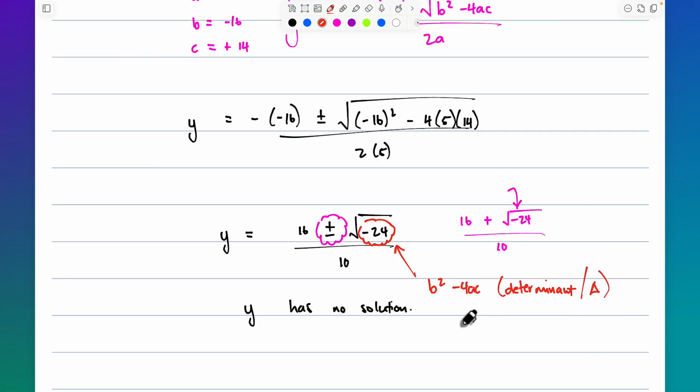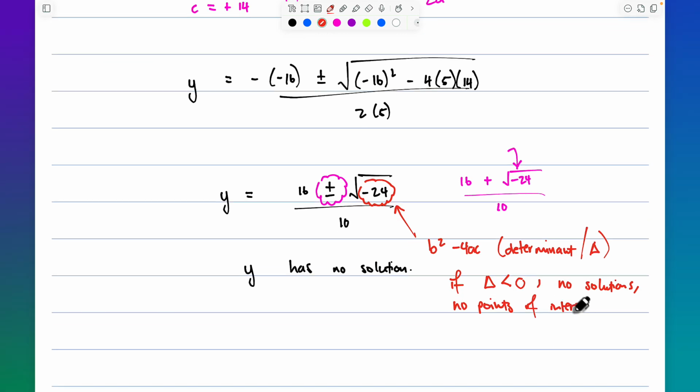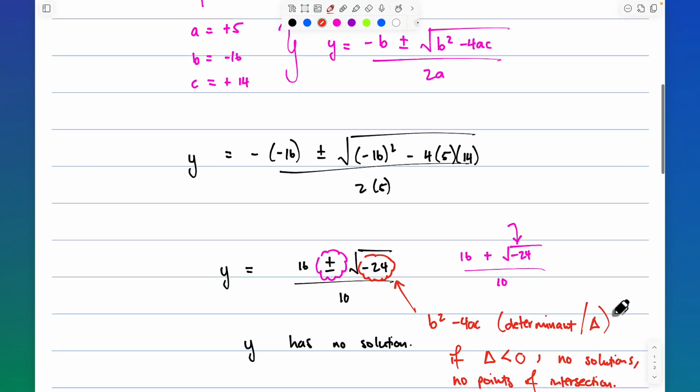So if your determinant is less than 0, then you have no solutions. Or we can say that you have no points of intersection in this case.